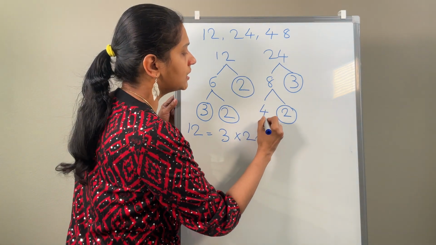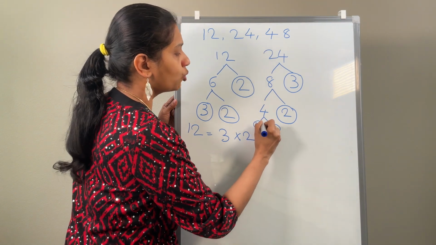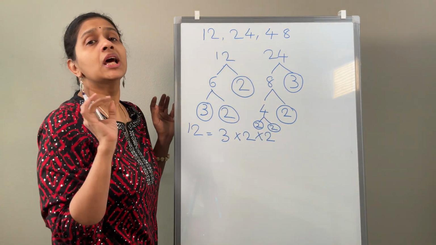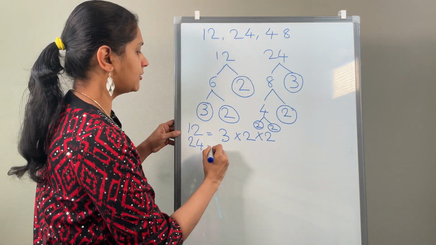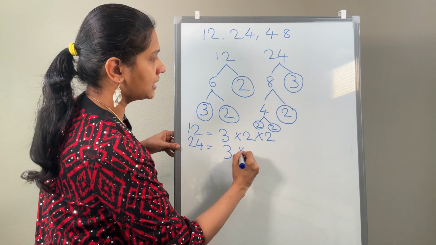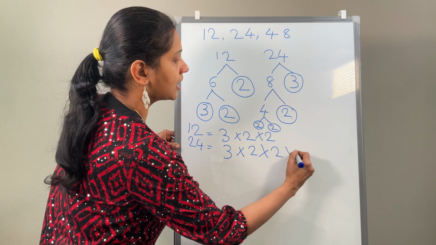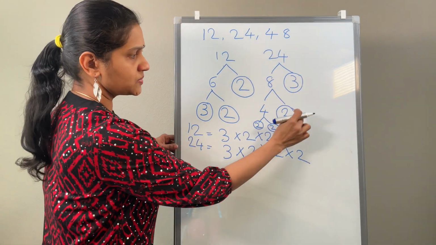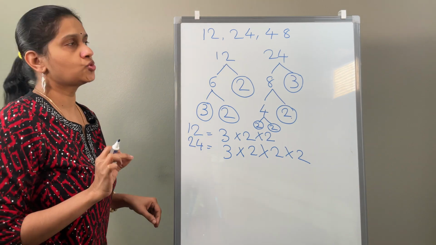So you have to further break it down as 2 times 2. Now both 2 and 2 are prime numbers. So what is the prime factorization of 24? It's going to be 3 times 2 times 2 times 2. That is the prime factorization of 24.